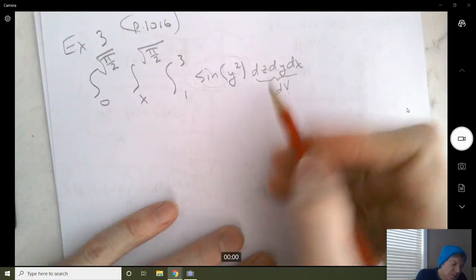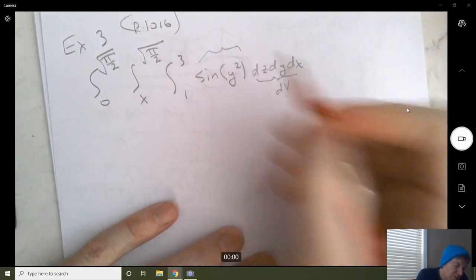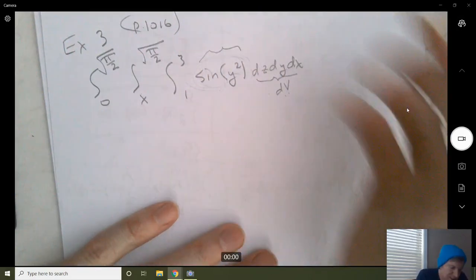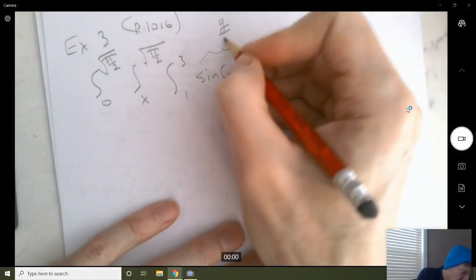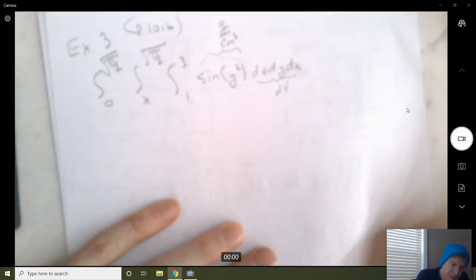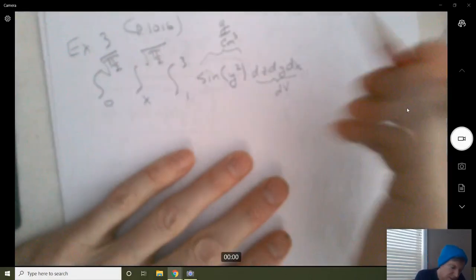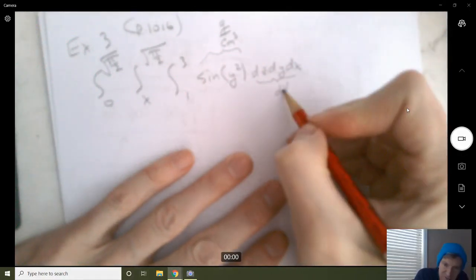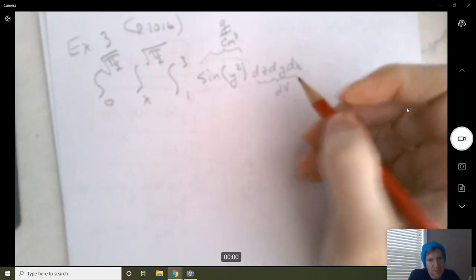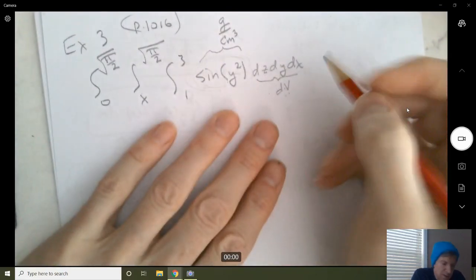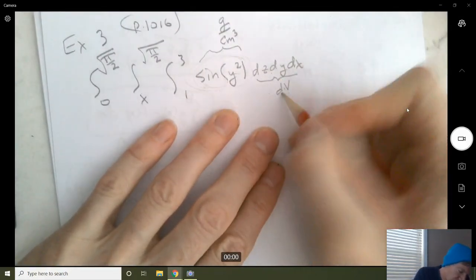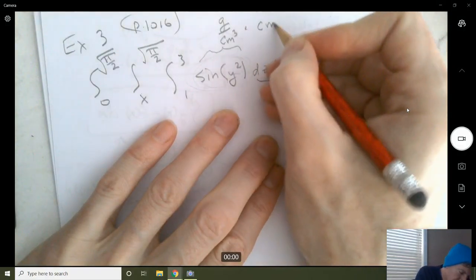So maybe this is your function for a mass density, maybe in grams per centimeter cubed. Maybe that's a volume density. And if that's a volume density, and you're multiplying by a dV, that dV is going to be in something like centimeters cubed.